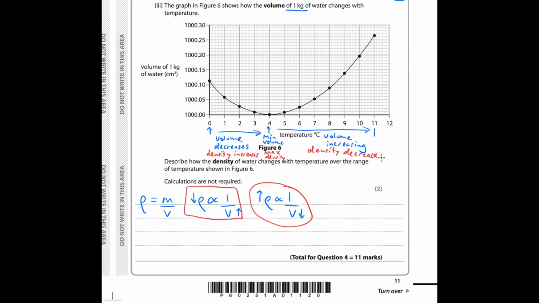So let's just write that down. Between 0 to 4 degrees C, density increases. At 4 degrees C, density is maximum.